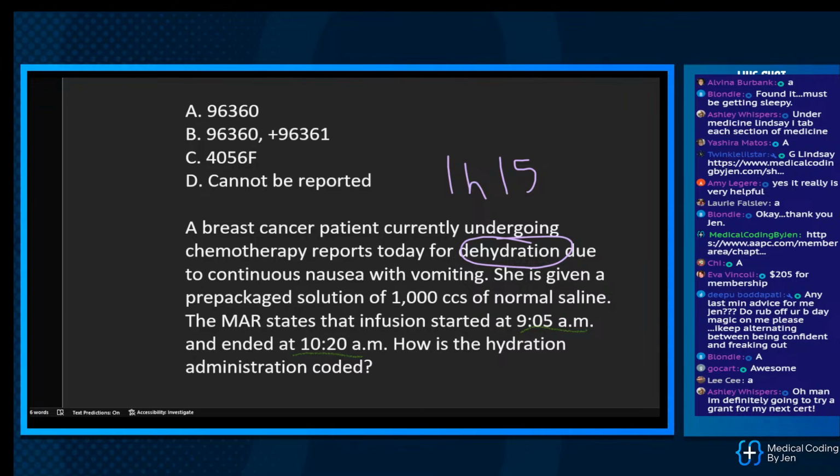If you're going to go to 1 hour and 31 minutes, that's going to include your 61 code, because the descriptor is just written all funky and out of whack.